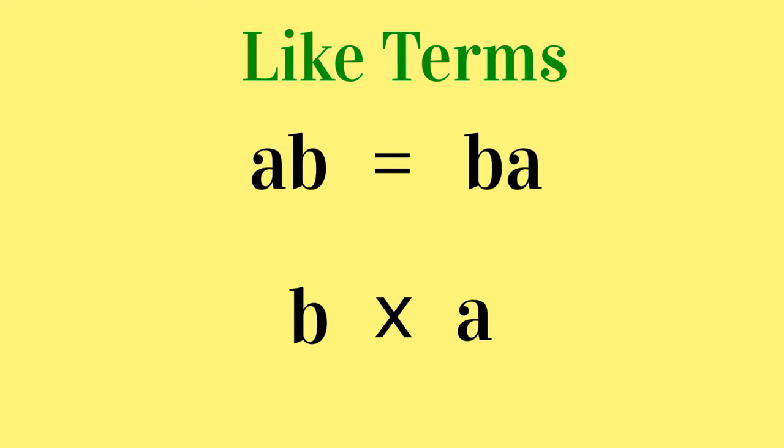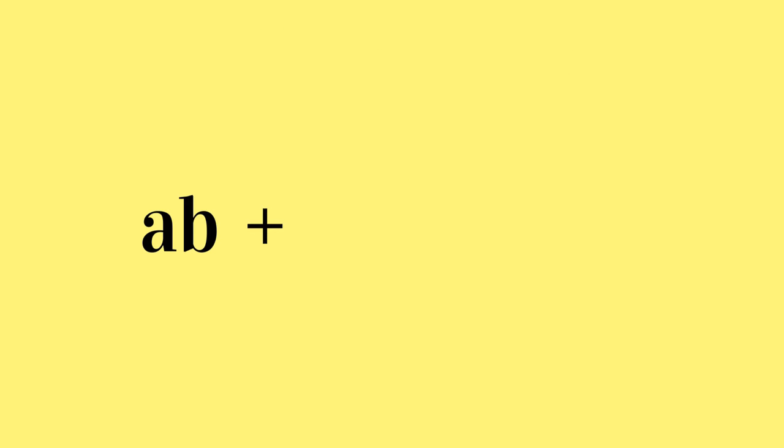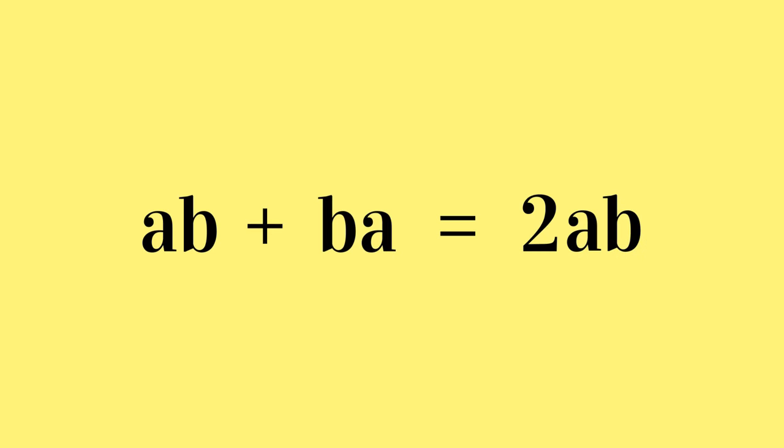This means that when simplifying expressions, these two terms can be added together. So if we had AB add BA, we can simplify this expression to make 2AB. It doesn't matter which order the letters go in, but for neatness we usually write them in alphabetical order.